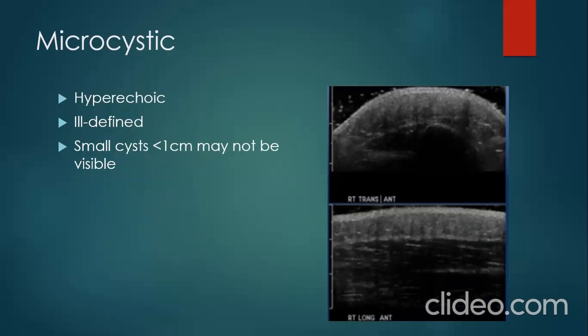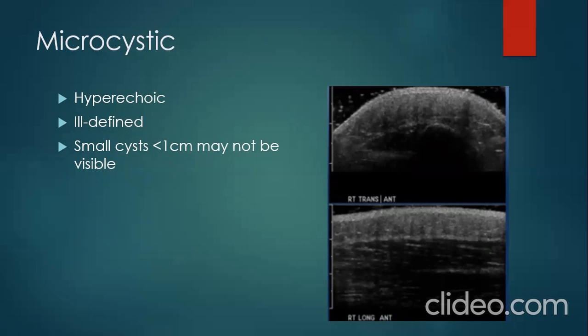Then we also get microcystic. So these are very small, that sometimes you might not even see them. They might not be visible. For example, when you're dealing with fibromatosis disease in the breast, in early stages, we might not see any abnormalities, but just increased echogenicity.